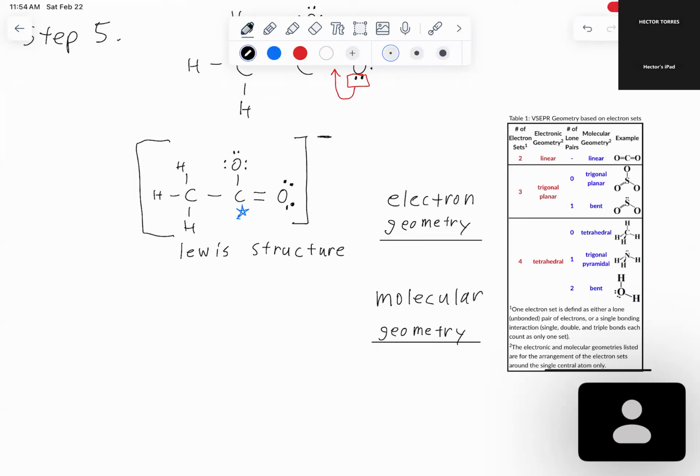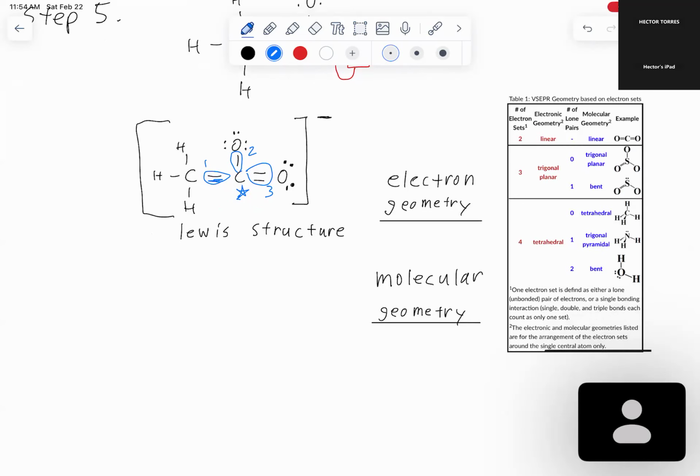That's the one we're going to look at for the electron geometry. We need to find how many electron sets there are. We can tell that there are electrons here, and electrons here. So that's going to make 1, 2, 3 groups of electrons, or sets of electrons. And so our electronic geometry is going to be trigonal planar.